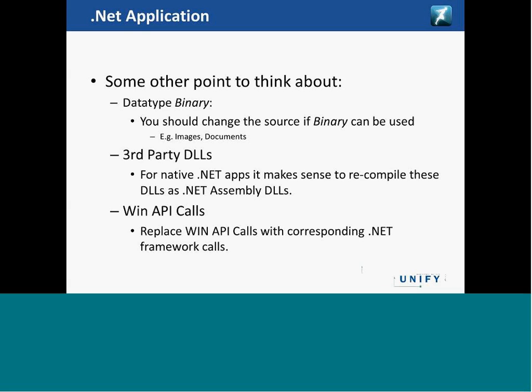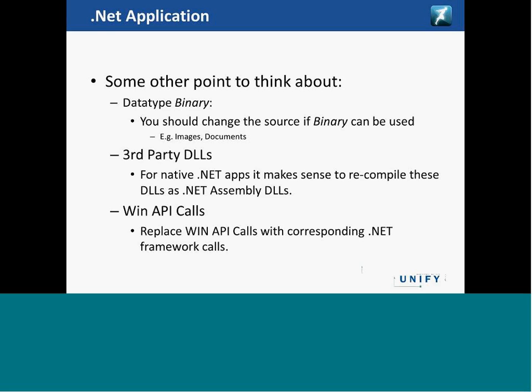This makes sense because they can use these .NET DLLs in .NET, and if they still have other applications, they can use them directly in Win32. So there's no gap between Win32 and .NET at this point.